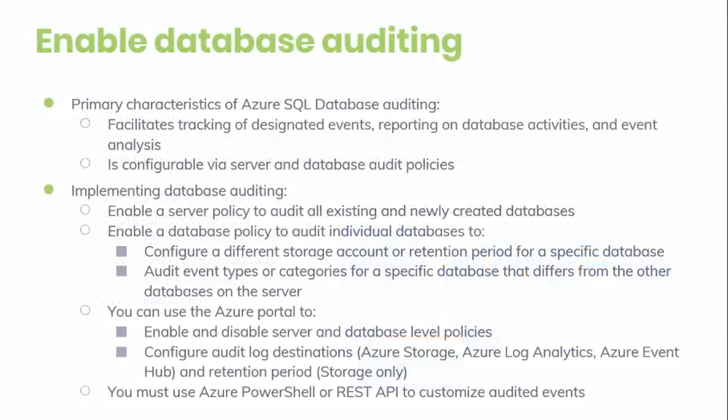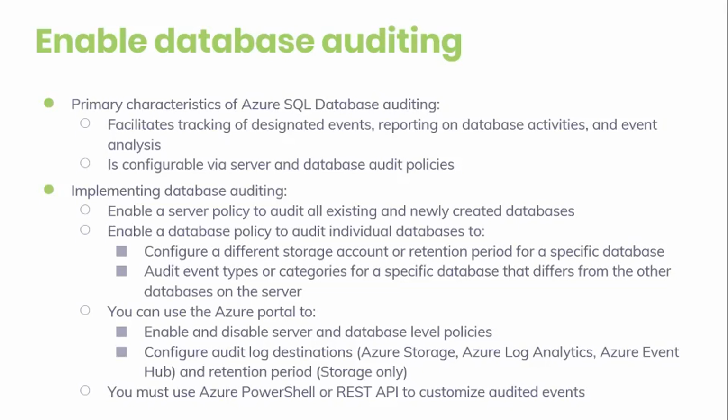Enable database auditing. You can use SQL database auditing to retain an audit trail of selected events, including defining categories of database actions to be audited, reporting, and analyzing database activity.